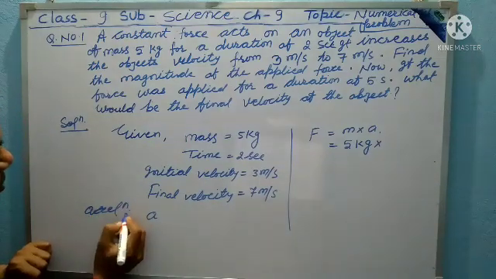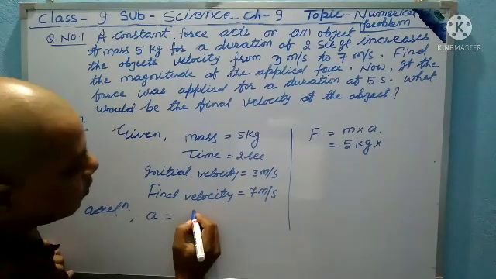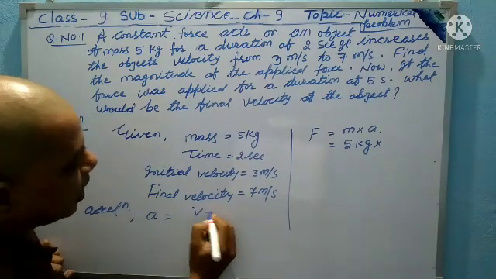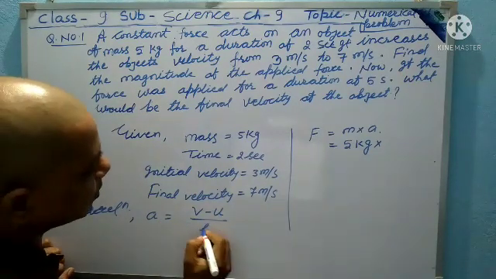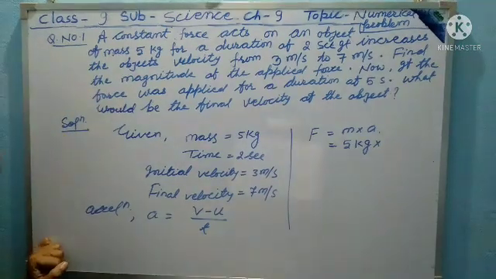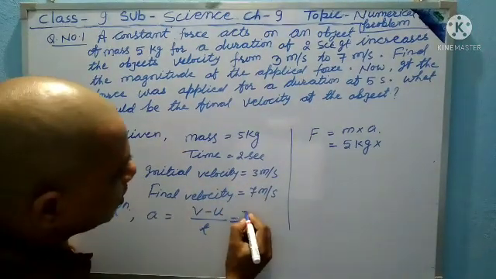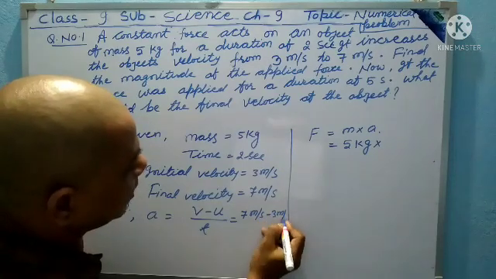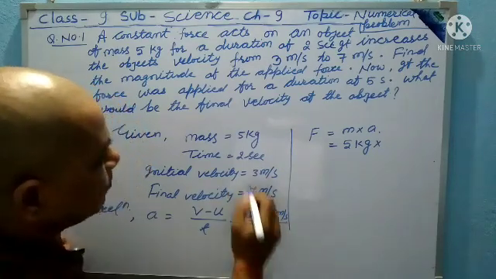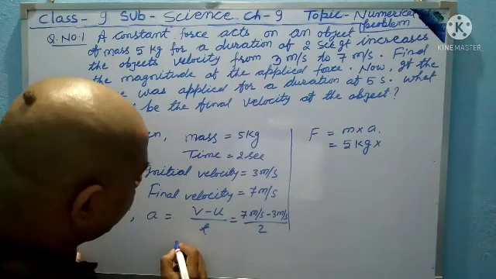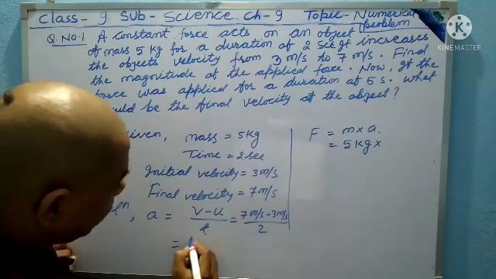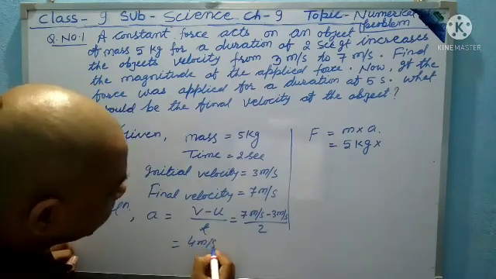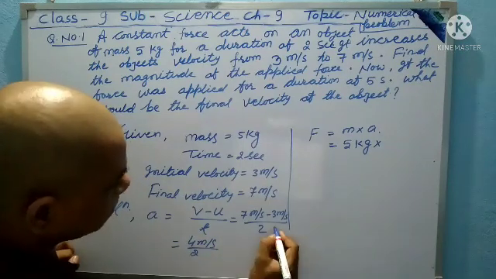A is equal to final velocity minus initial velocity by t, time. So, final velocity is 7 meter per second minus 3 meter per second and time is 2 seconds. So, that is 4 meter per second and 2 seconds.